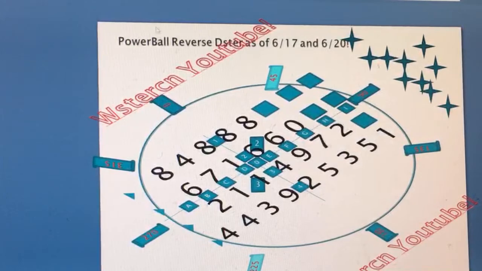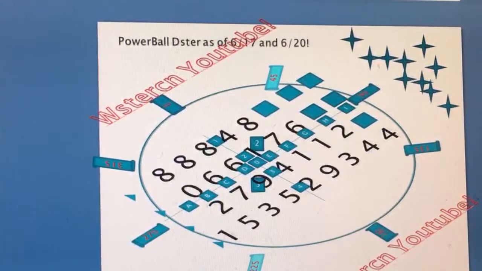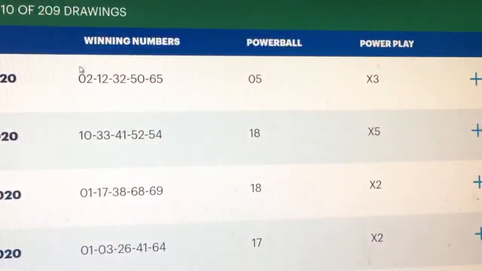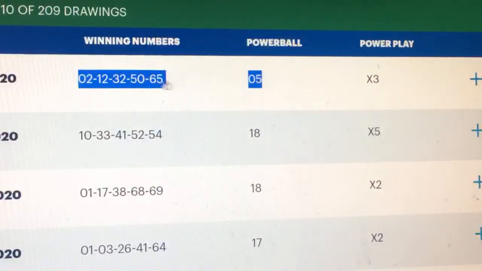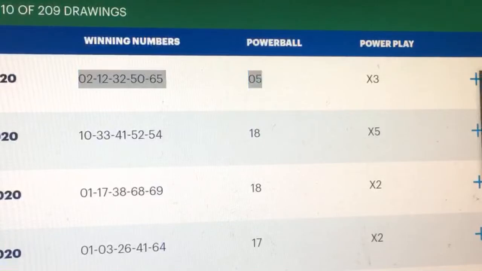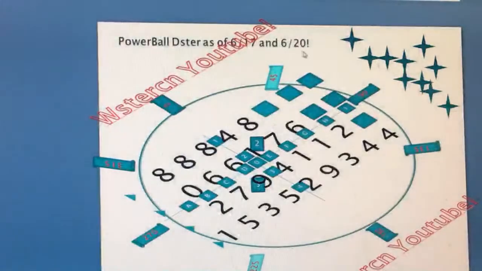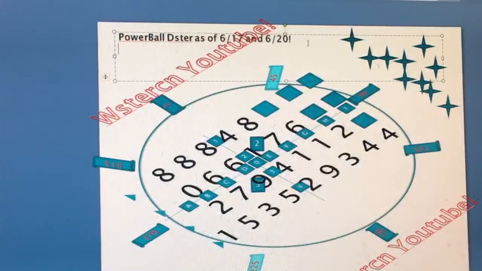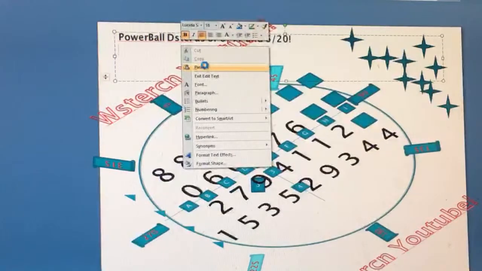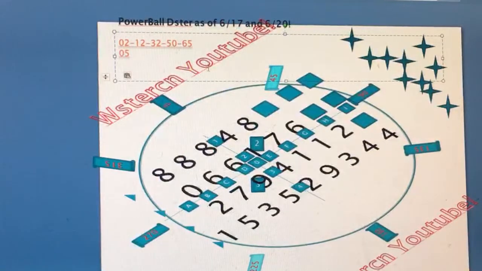Why? Now, let's compare the power numbers for tonight. Again, I'm going to read this. This is the last win. I have 2.